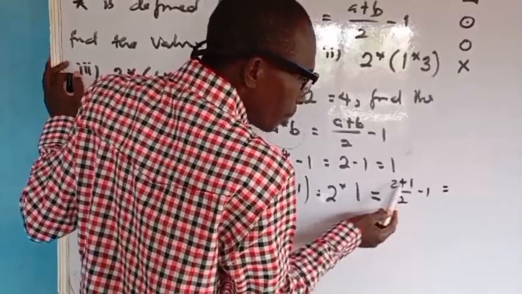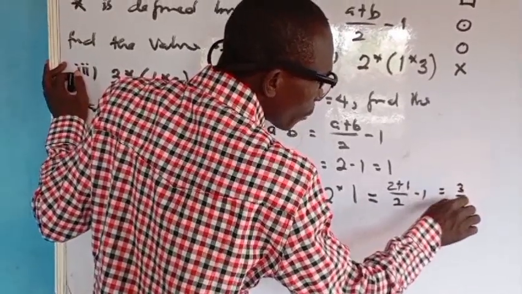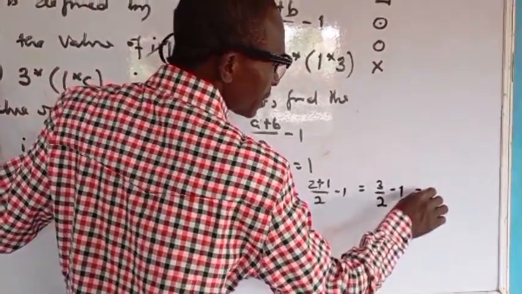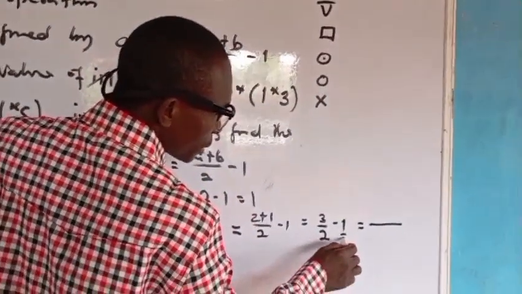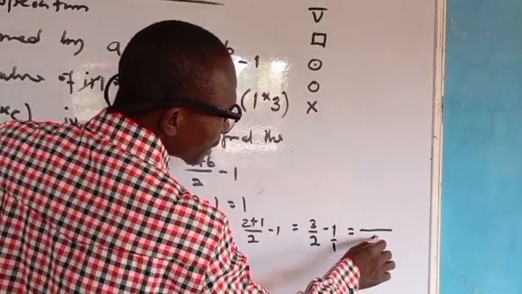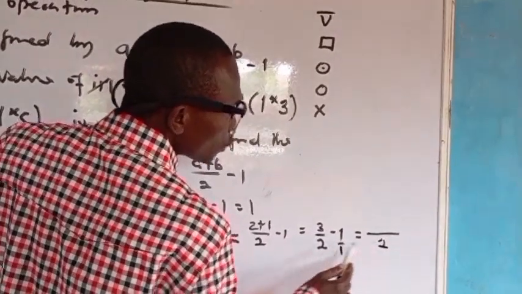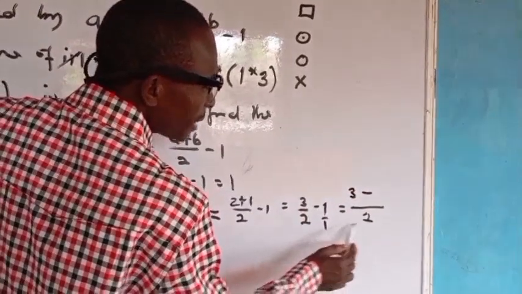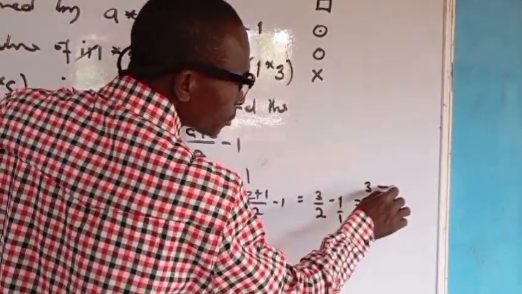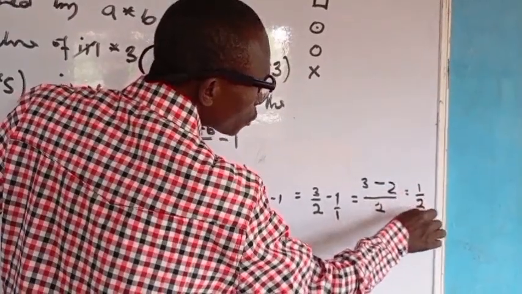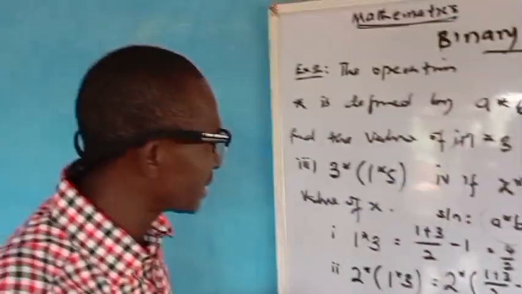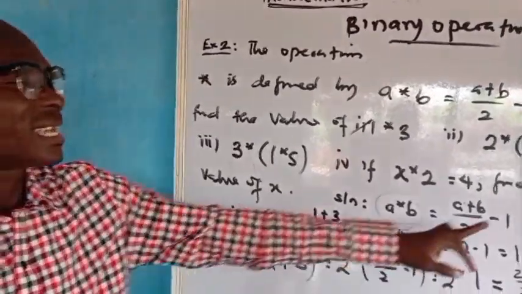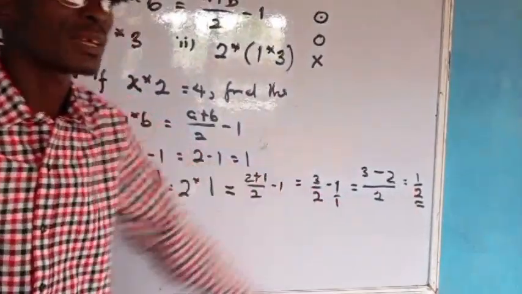Meaning that 2 plus 1 is 3 over 2 minus 1, which finally we can say LCM of 2 and 1 is 2. 2 into 2 is 2, 1 times 3 is 3, minus 1 into 2 is 2 times 1 becomes 2, which is 1 over 2. So this statement here, 2 asterisk bracket 1 asterisk 3 bracket close, is equal to this 1 over 2.